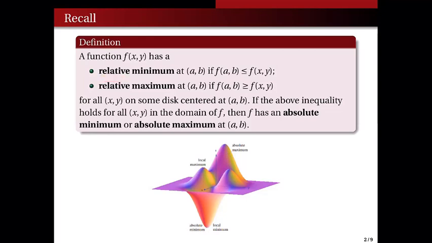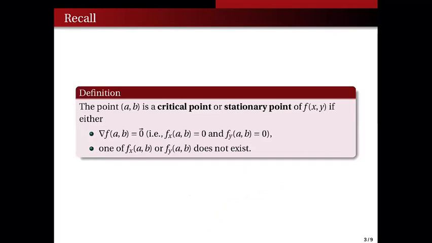We also recall the term critical point or stationary point. The point (a, b) is a critical point or stationary point of your function f of x comma y if the gradient of f evaluated at (a, b) is equal to the zero vector. Remember, the gradient of a function gives you a vector. So here you have the zero vector.